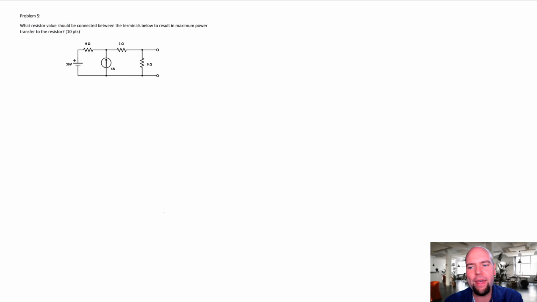I really hope that technique works out okay here. So open circuiting the current supply, short circuiting the voltage supply, I'm going to get 6 here, and a 3, and a 9.